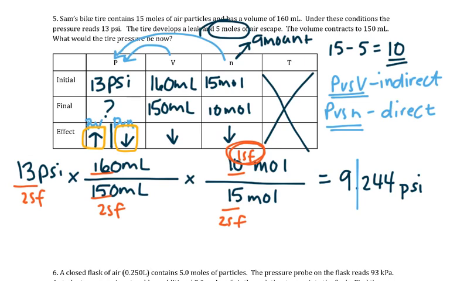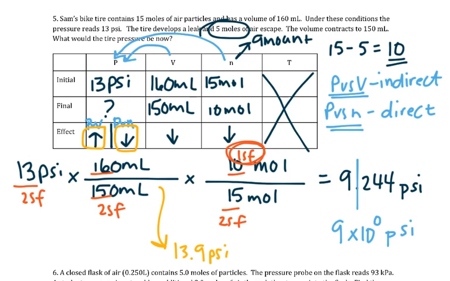And now we should get 9 times 10 to the 0, again because we did not move that decimal. So I know with this one, our effect arrows say that pressure should increase, but it also says that pressure should decrease. If you were to do this step by step, and we found what the number would be after we calculated with volume, it'd be about 13.9 psi.